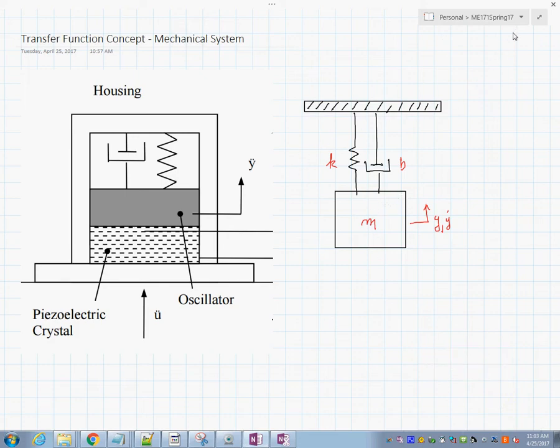Okay, we have this device on the left hand side.